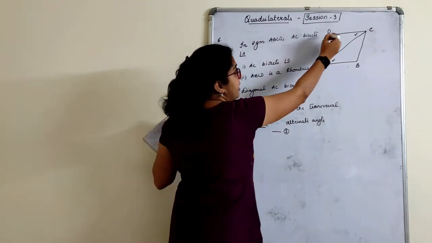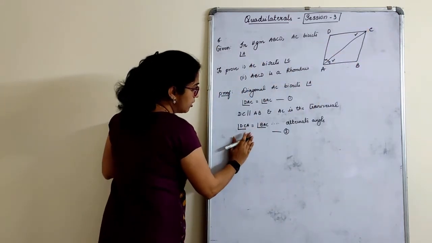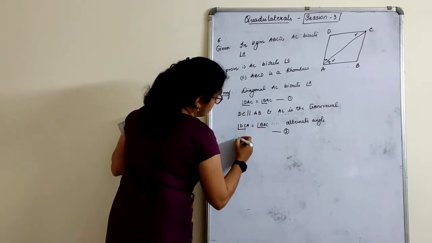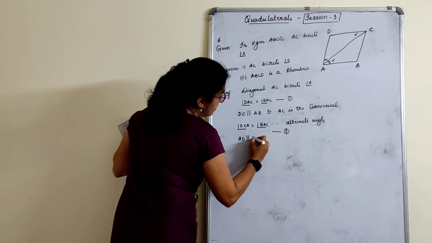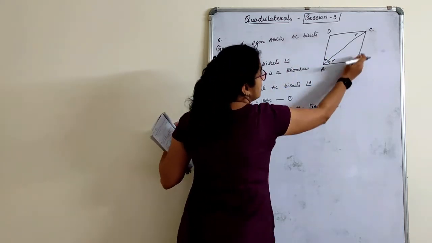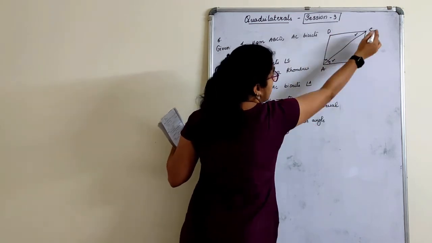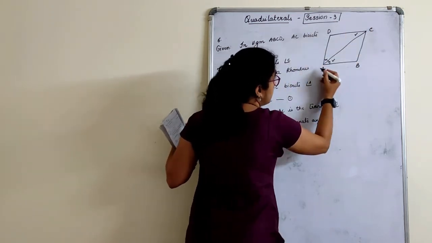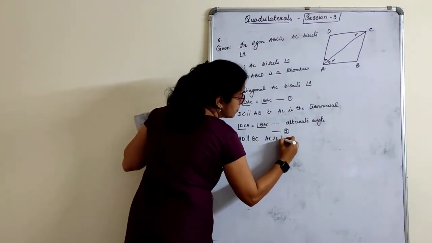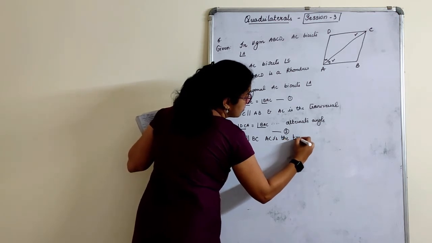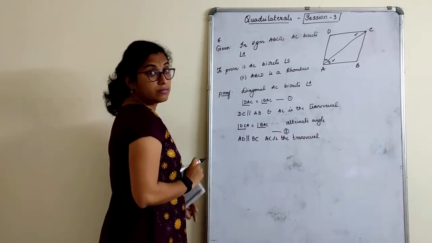Now next, I'll keep this as it is. I'll not change anything. Next, I will write AD parallel to BC. In this case, which is a transversal again? Now this was parallel and this was transversal. Now these two are parallel and AC is the transversal again.